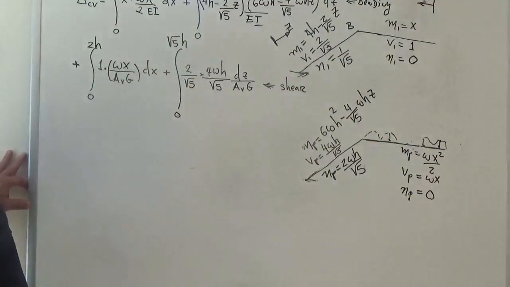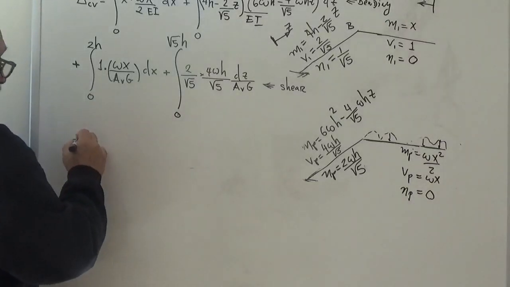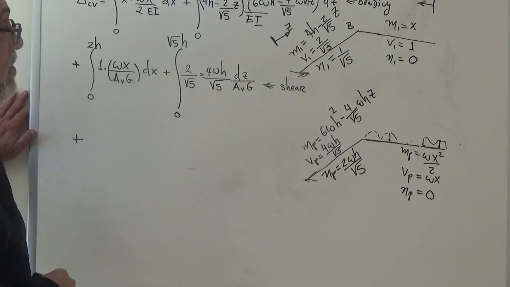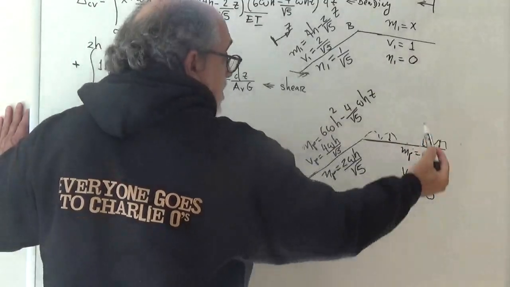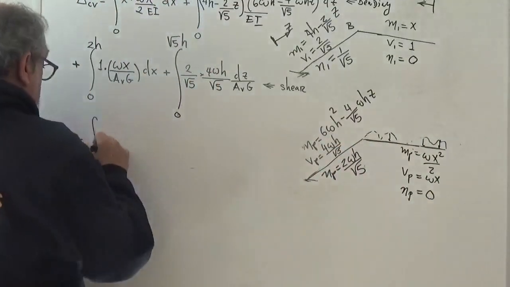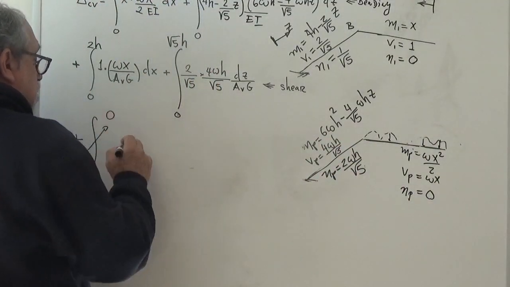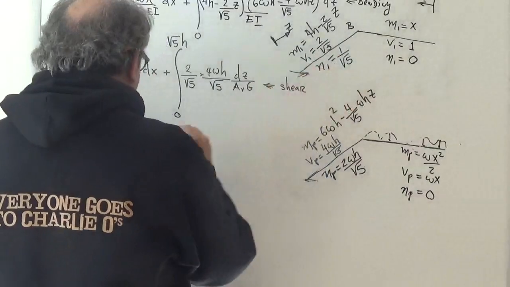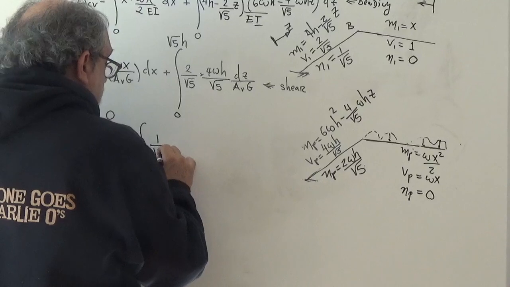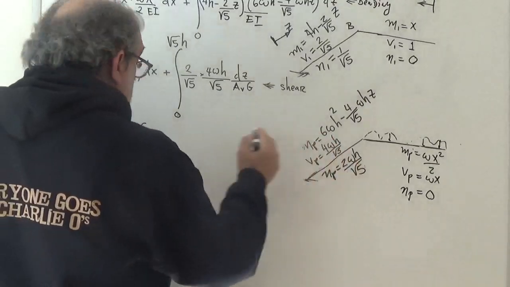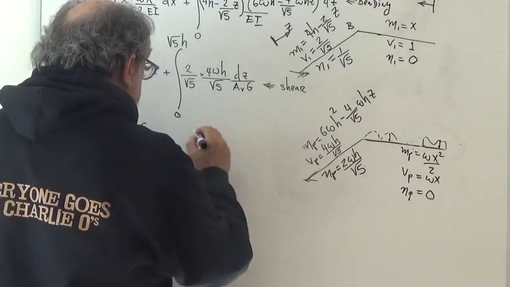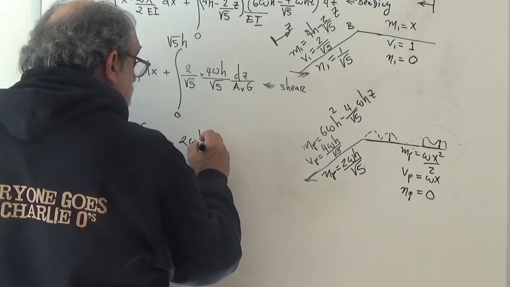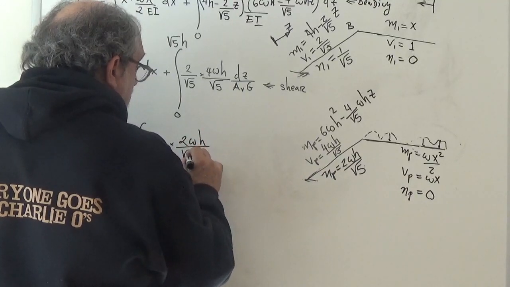Now we need the contribution of axial. The axial here times the axial here is 0 for the first bar, plus the axial here is 1 over square root of 5. The axial here divided by AE, which is 2WH over square root of 5.